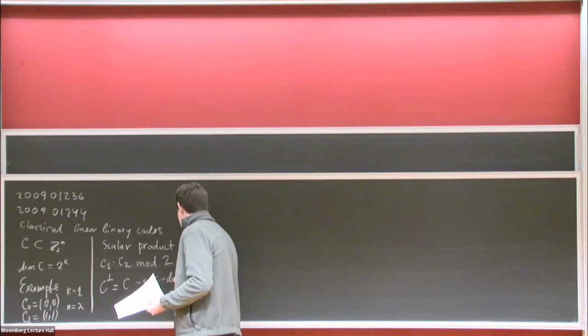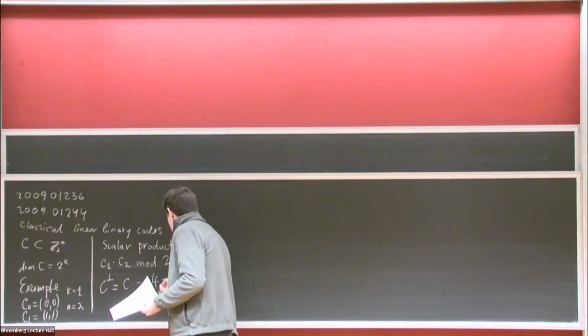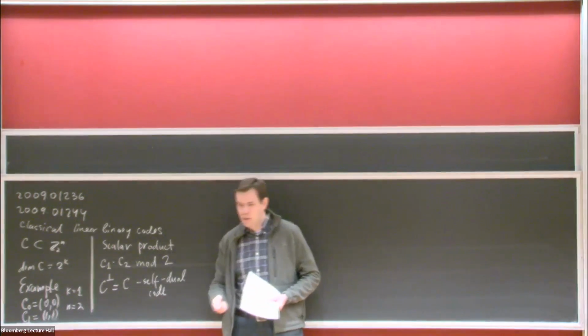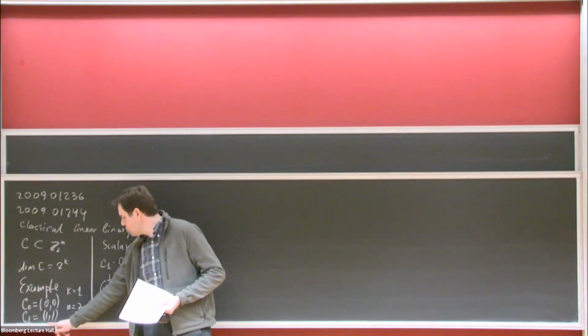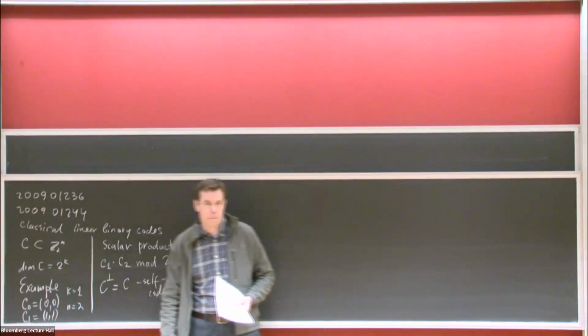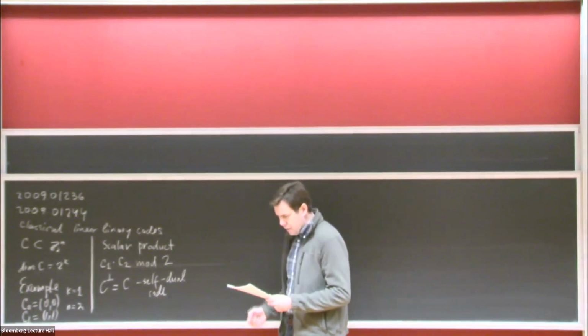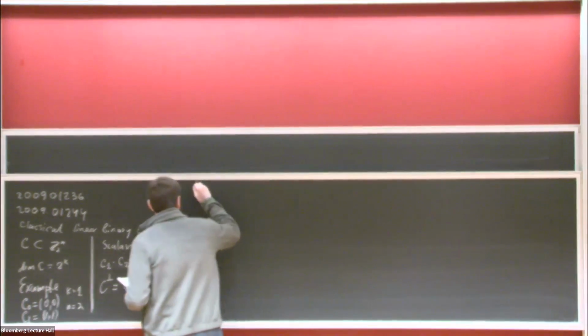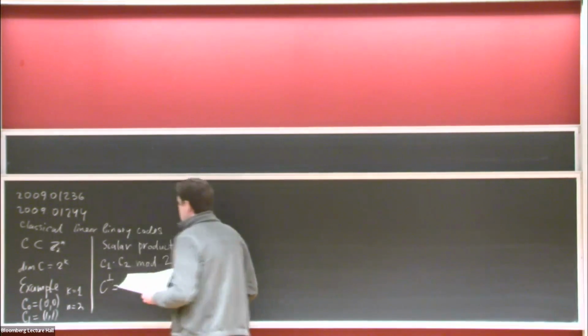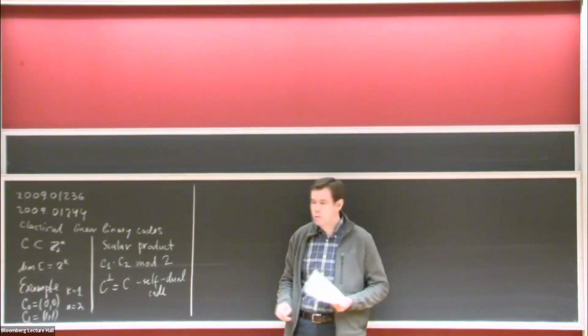This could never happen in conventional linear algebra, but now it happens because everything is discrete. So for example, this code is self-dual. Now, another important characteristic of a classical code is called the spectrum.